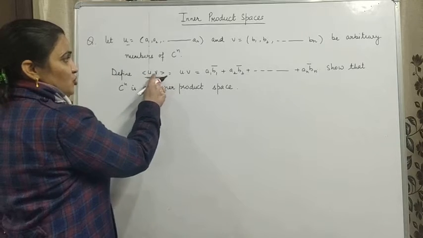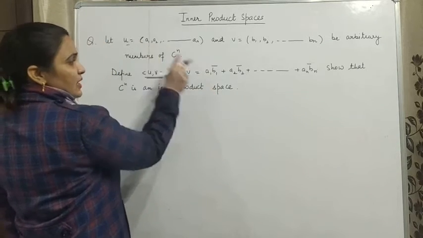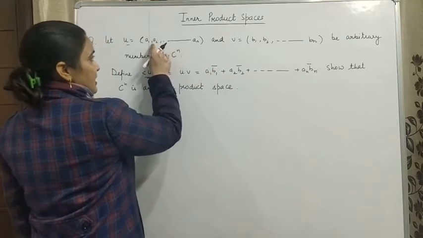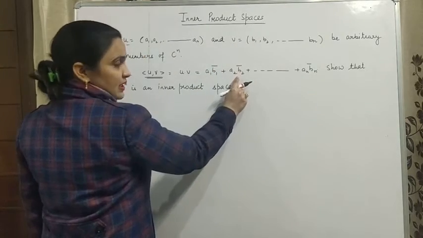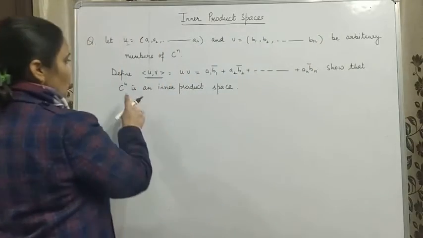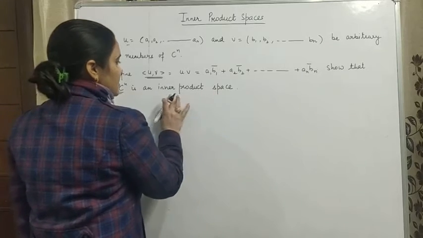Define inner product of u with v as a1 b1 conjugate plus a2 b2 conjugate plus so on an bn conjugate. Show that this C^n is an inner product space.